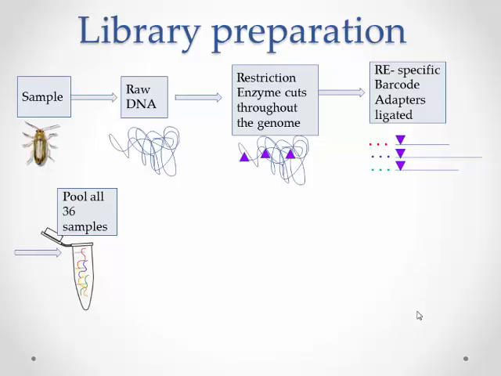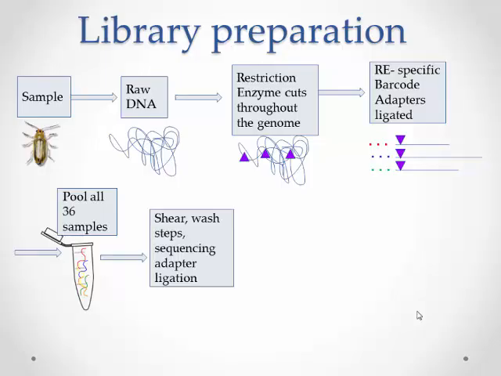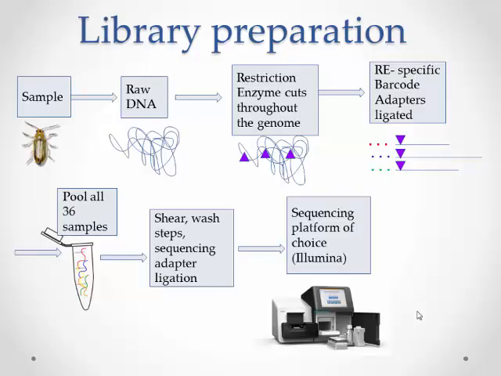You go from 36 wells to 1 Eppendorf tube. There's a shearing step so that we shear for fragments that can be sequenced on Illumina platforms and ligate the sequencing adapters. Our sequencing platform of choice is Illumina. We have a MiSeq at the University of Idaho, and the result is tens to hundreds of thousands of loci across individuals.